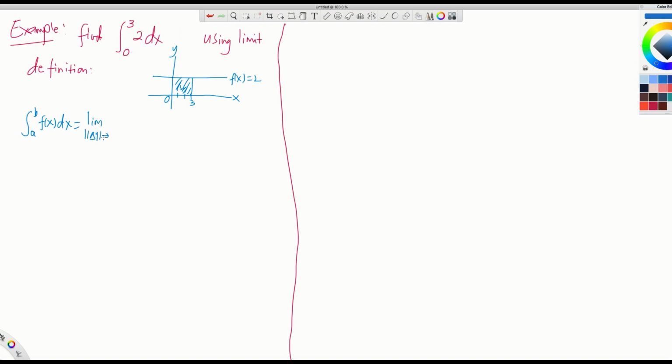Norm tends to 0 meaning we divide this into so many subintervals, right? But the subintervals may not be of equal width. Some may be big, some may be small. If the width of the biggest subinterval tends to 0, then all the others will be very small.